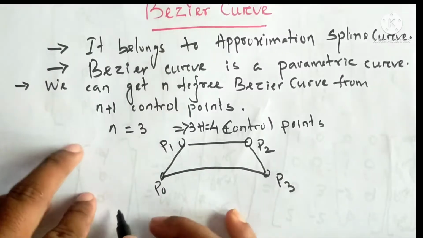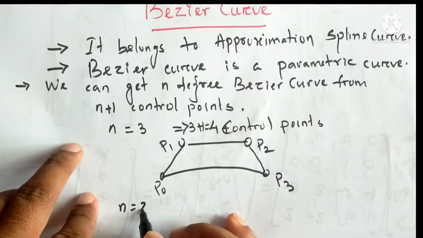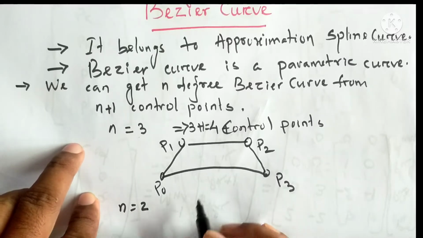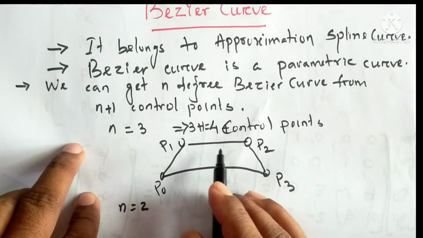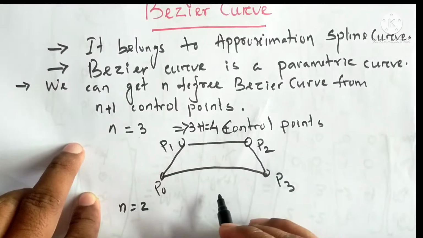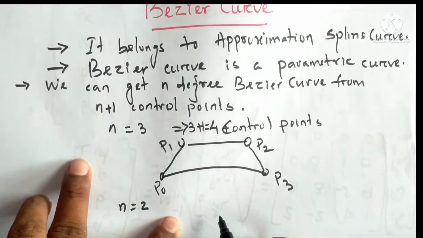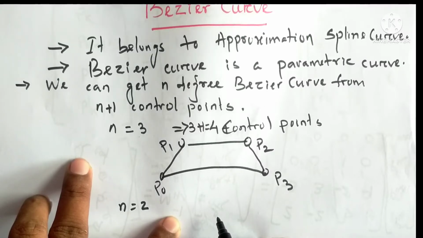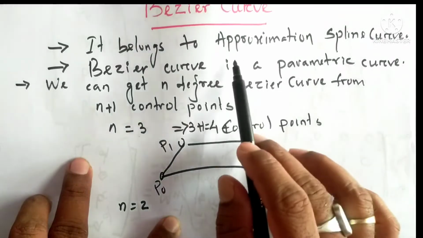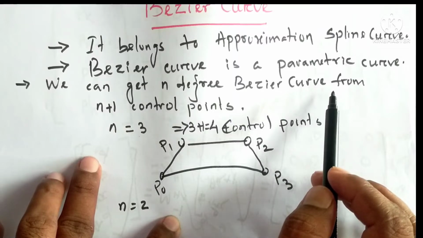If n equals 2, then how many control points do we have? 2 plus 1, 3 control points. By using 3 control points, we can create a quadratic Bezier curve.